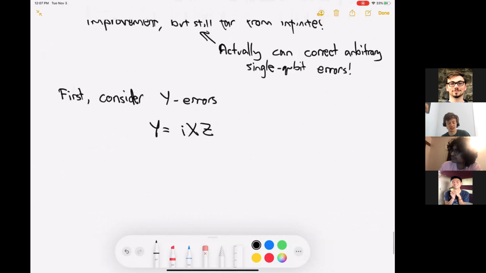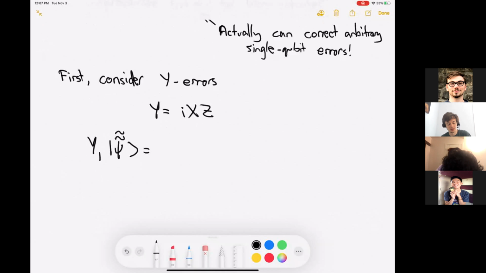Let's say Y1 gets applied to our state psi double tilde, a logical state encoded using the Shor code. Then that's i X1 Z1 psi double tilde.